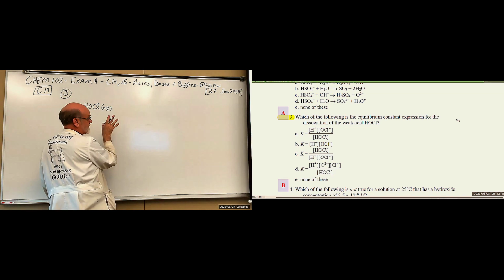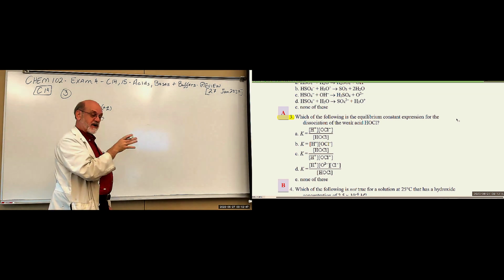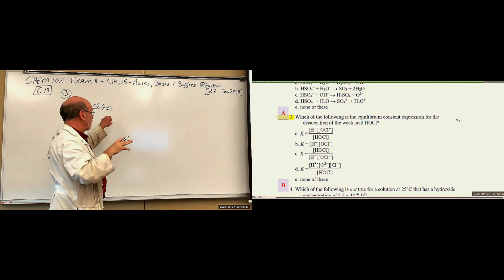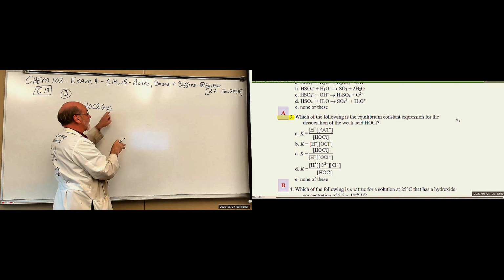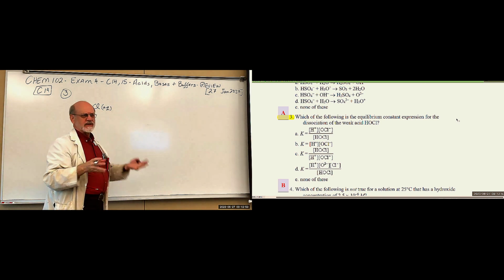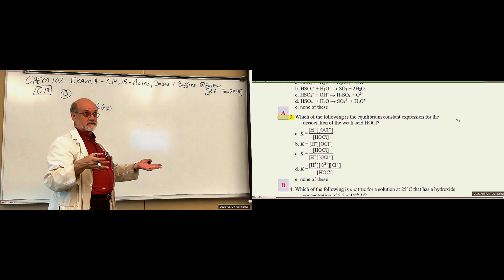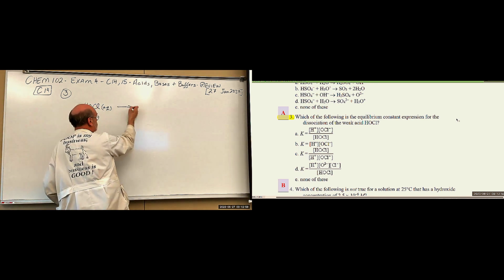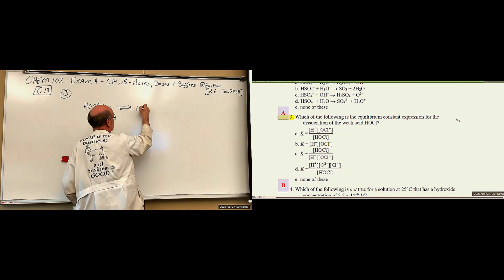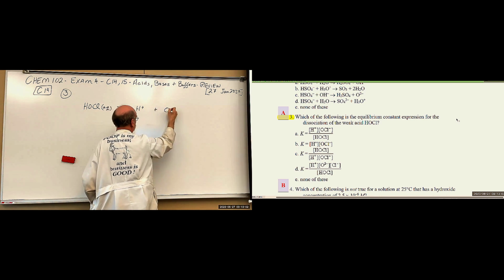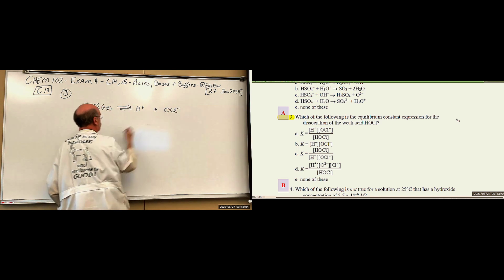And for the K expression, we don't have to write the water in there. The water is going to be left out anyway, right? Because it's a pure liquid. So we would use the abbreviated form like that, and those are aqueous.